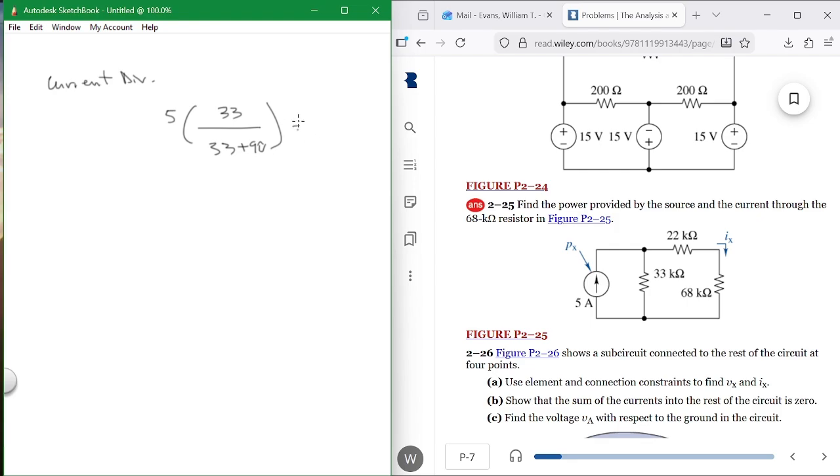Let's see if that comes up to 1.34. Do you think this is going to work? Hopefully. This is the weird one because I never remember this one, and I don't use it hardly at all, but it's 5 times 33 divided by 123. 1.34. Ooh, there you go.